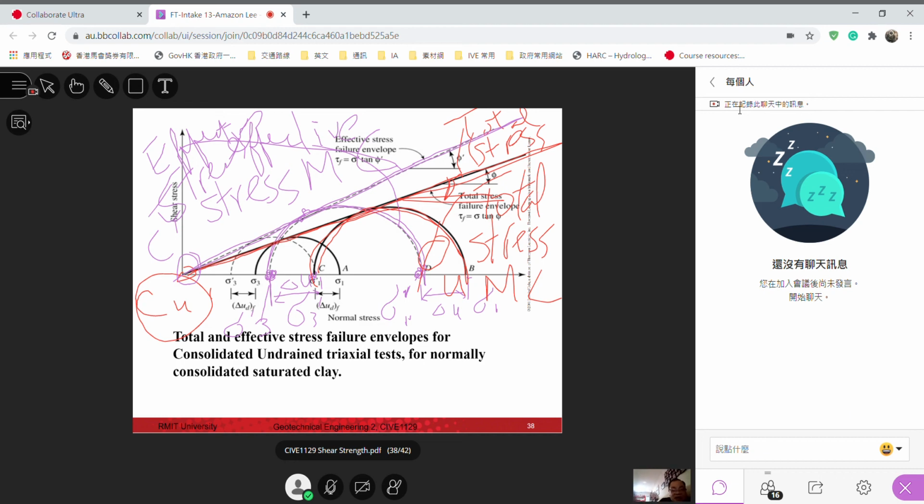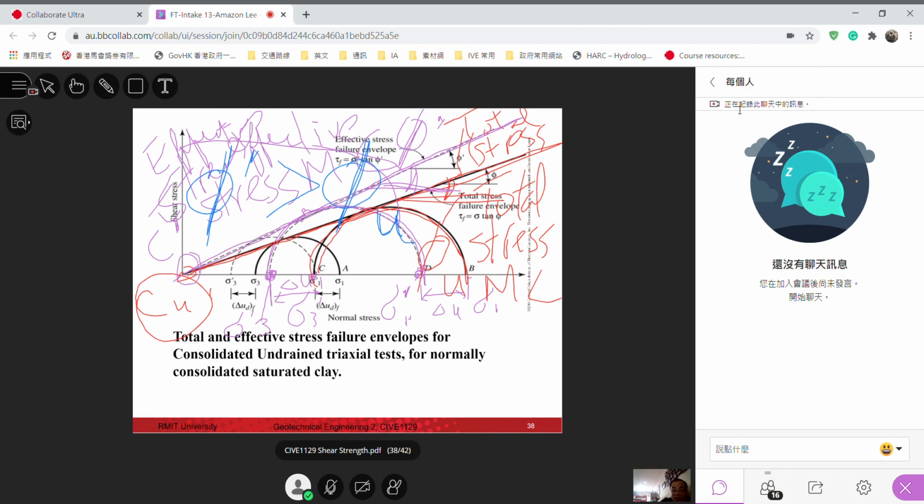But believe me, for cohesive soil C dash is not zero, and this angle is phi dash, the angle of friction under drained condition. So it must be that the effective angle of friction will be larger than the angle of friction under undrained condition.